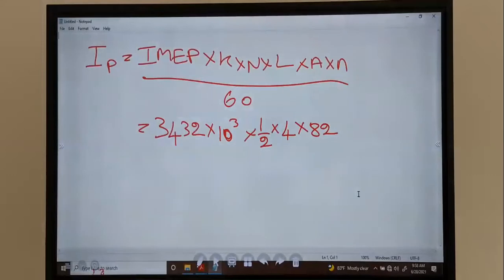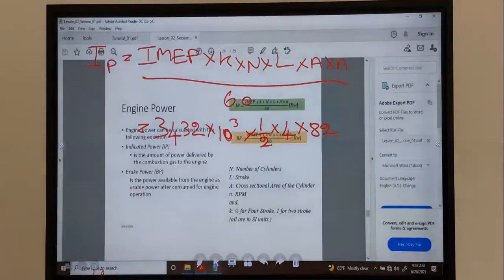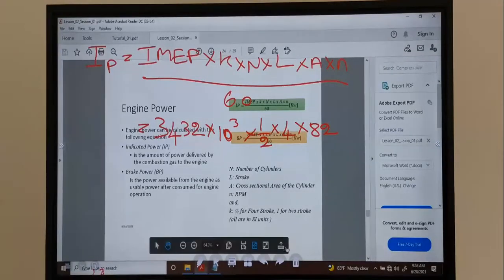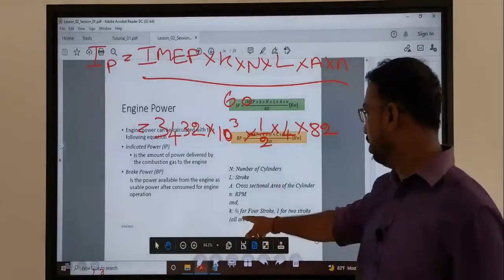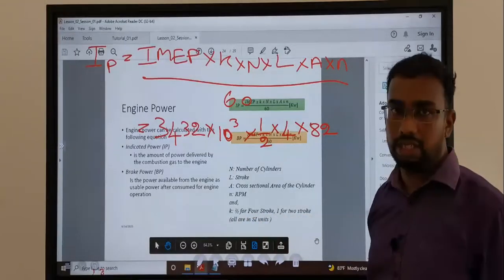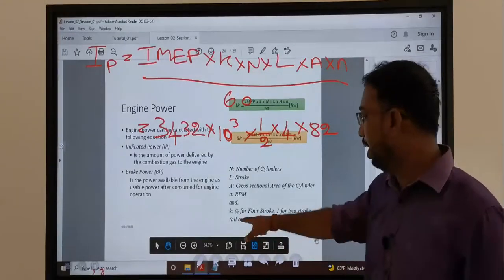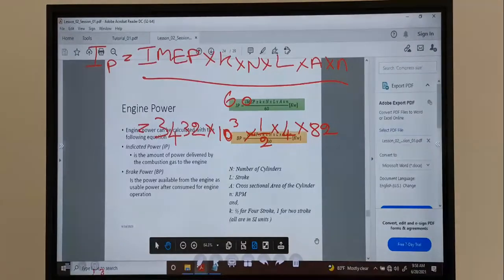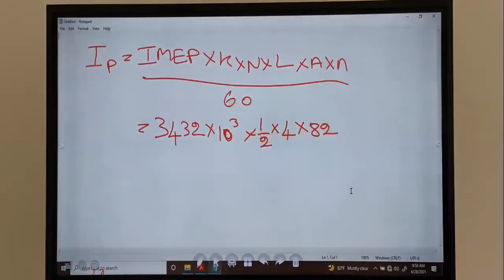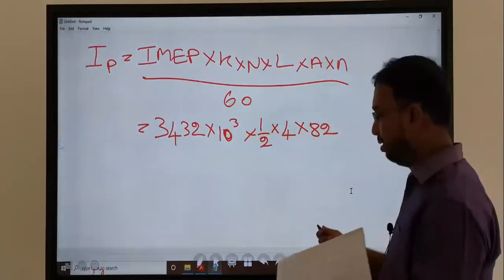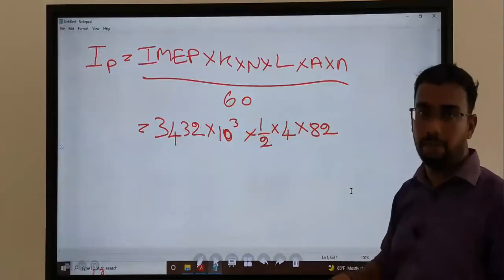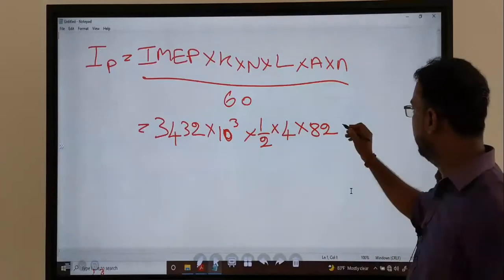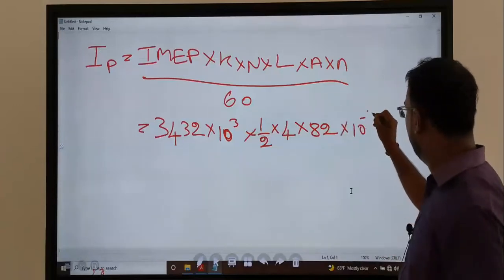But here in this equation all are in SI unit. The SI unit is meter. So in the equation for indicated power or brake power, we use the millimeter, so 10 minus 3.